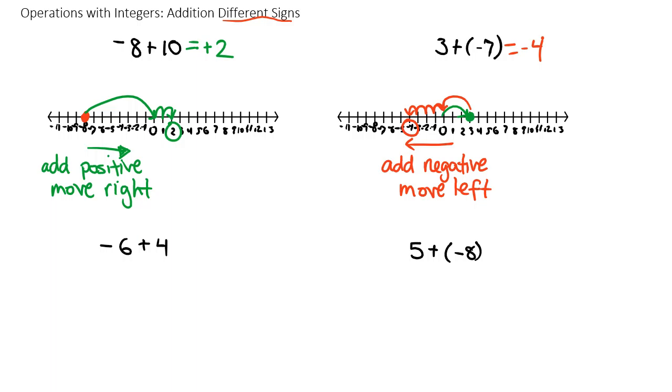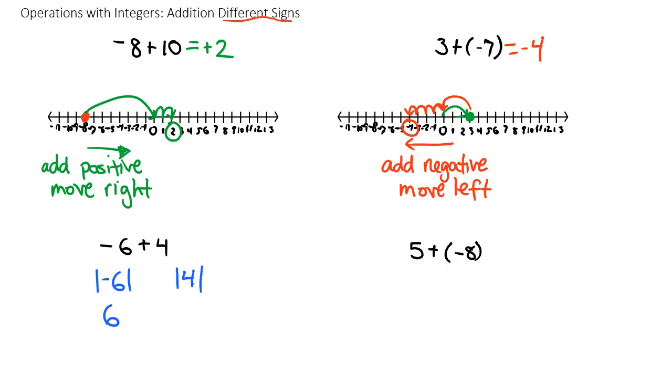All right, another method that we can use is using the absolute values. When you have a different sign, we are going to find the absolute values and then subtract them, and then take the sign of the integer that has the larger absolute value. So let's take a look. We take the absolute value of -6 and the absolute value of 4.